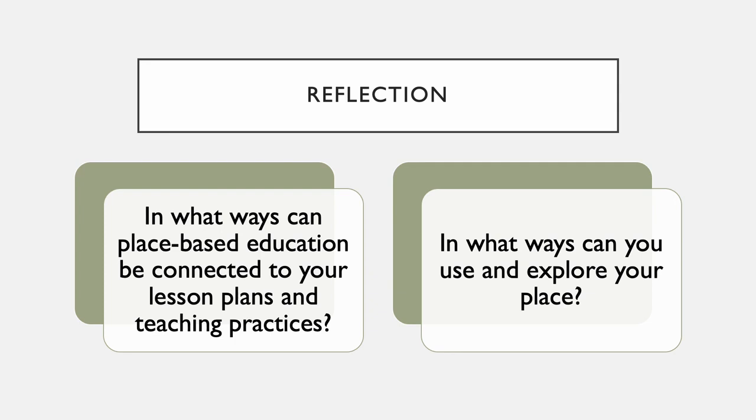So there's this interesting question of who is being heard and who is not being heard. That's another way you can think about exploring your place. You can respond in the Google Classroom to these reflection questions and really dig deep into what your place is.